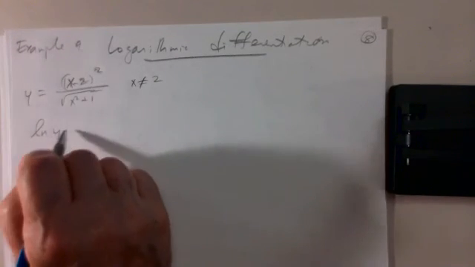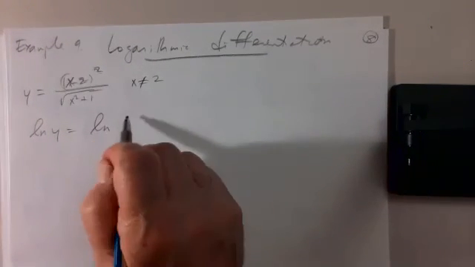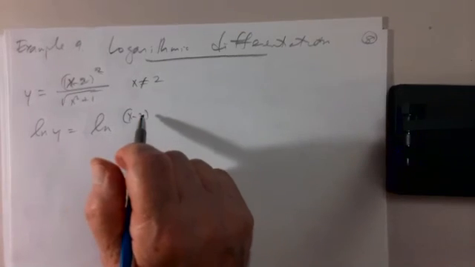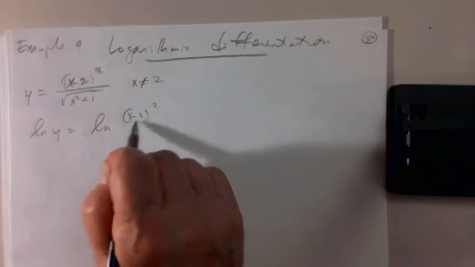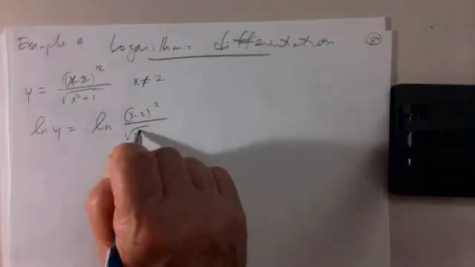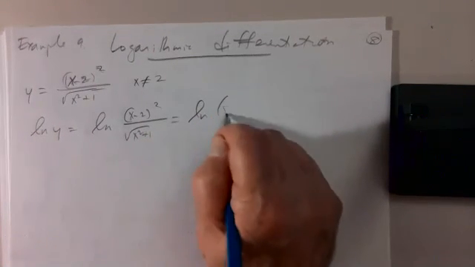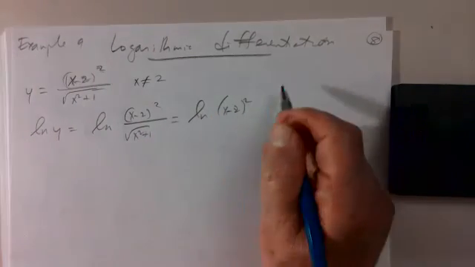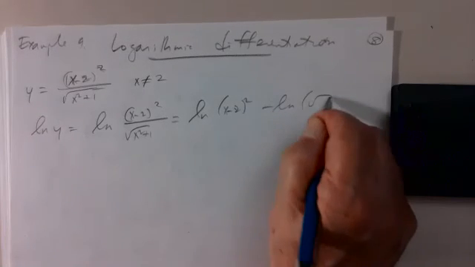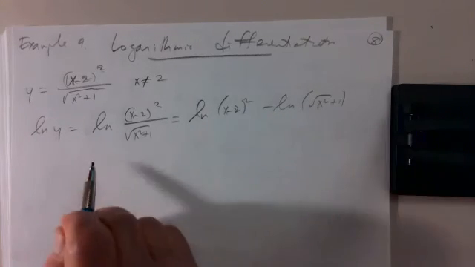So if you take the log of y, that's the log of x minus 2 squared over the square root of x squared plus 1. By properties of the logarithm, this is the log of x minus 2 squared minus the log of the square root of x squared plus 1.